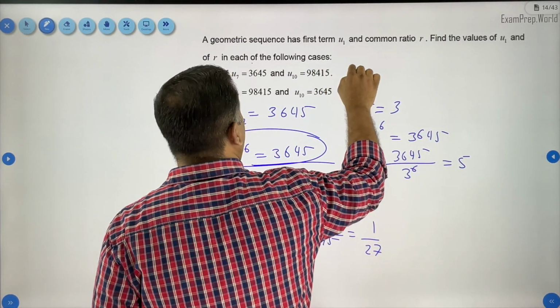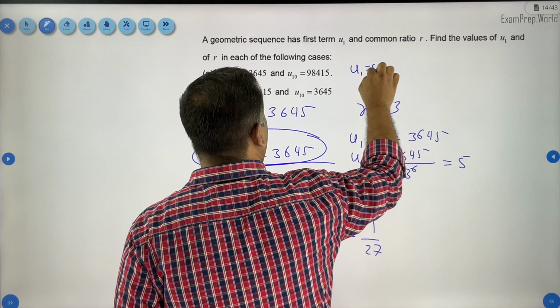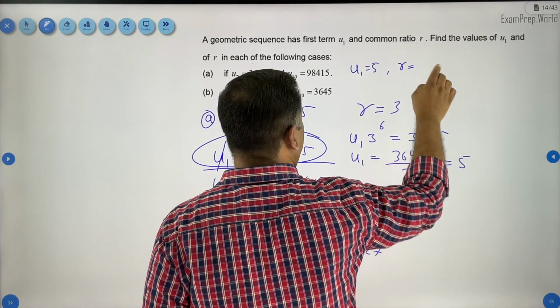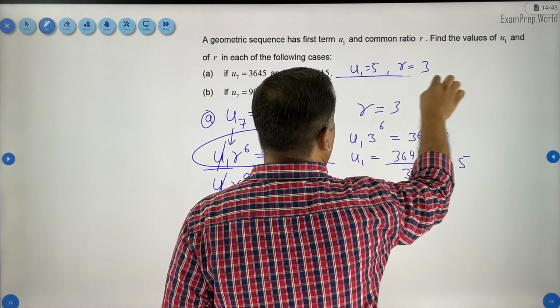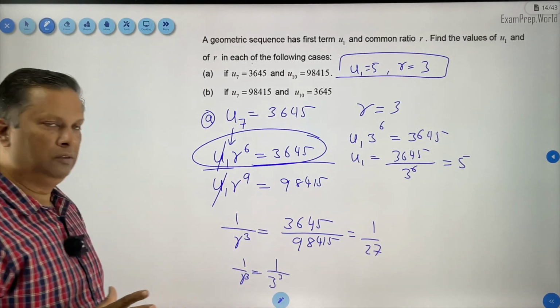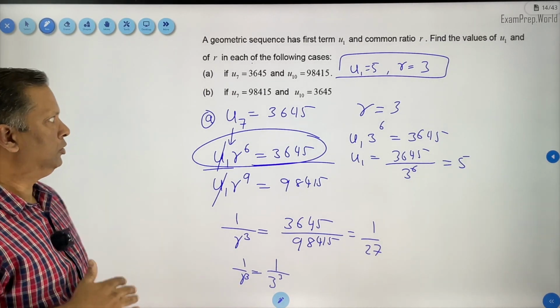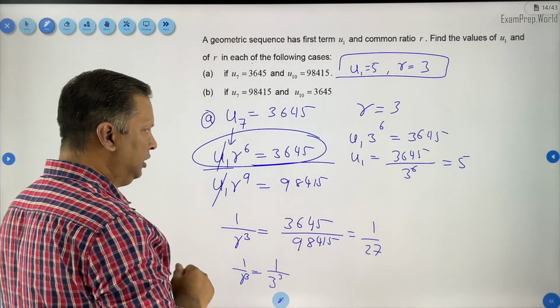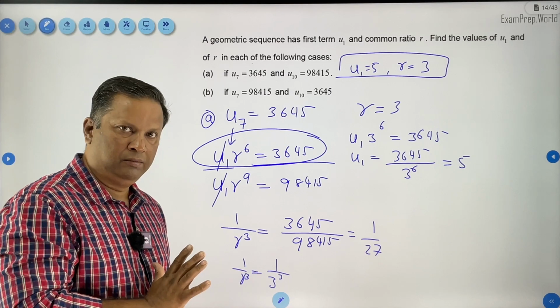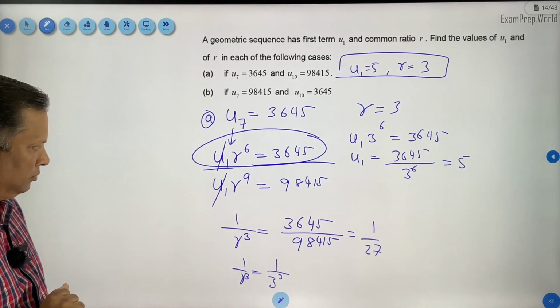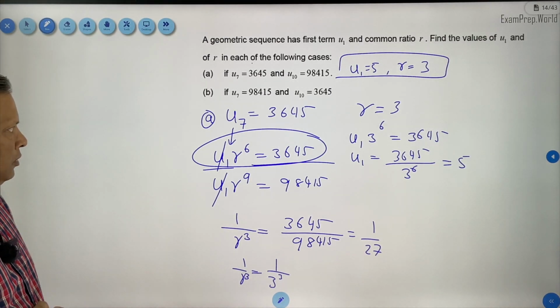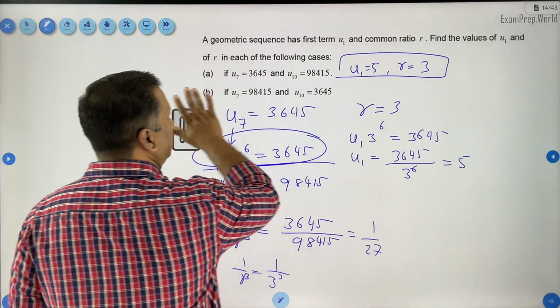So for this one, u1 was 5 and r was 3. First one. Easy? You want me to do the next one? Let me do it. Because you have kept it on board, let's complete. Pause, write it. I'm moving away from the screen. Okay, written. So let's do the next one.